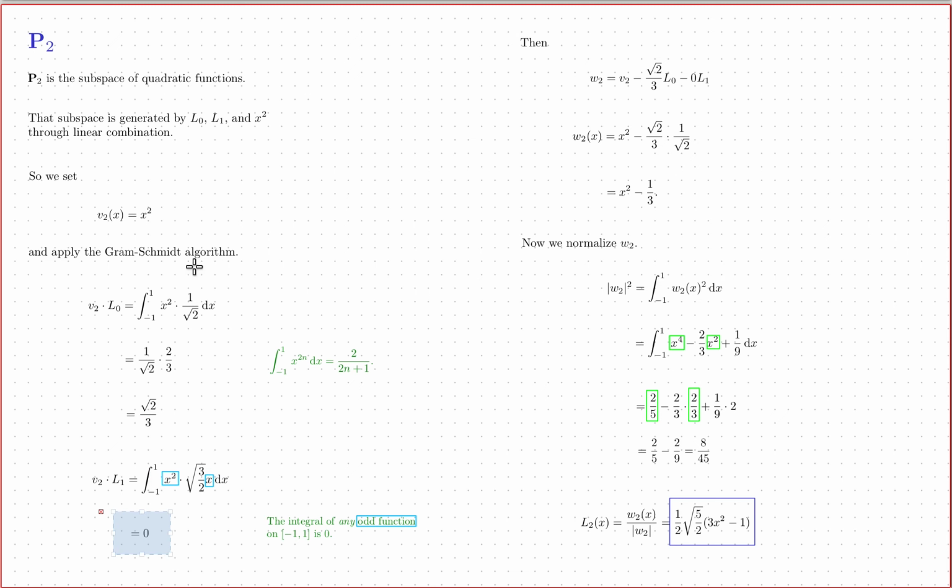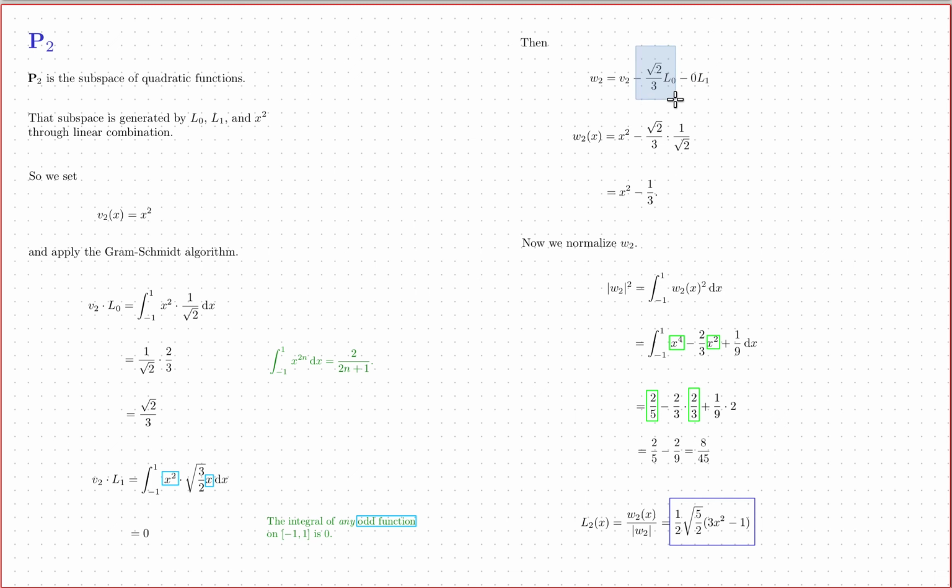So now what we want to do is subtract off the projections onto L0 and L1 from x squared, so that means we're going to form a new vector W2, which is equal to V2, minus the dot product with L0 times L0, minus the dot product with L1 times L1. Of course, this just cancels.